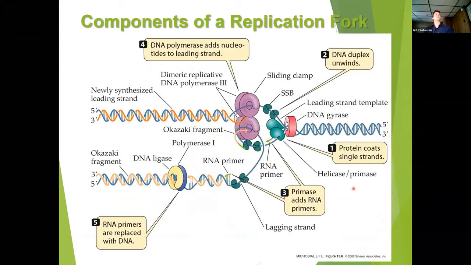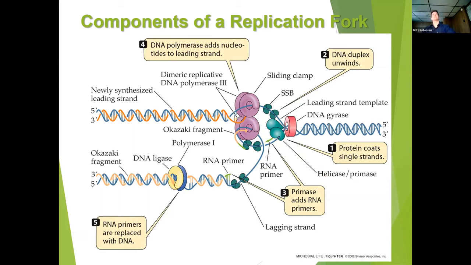So looking at the components of a replication fork, there's a bit of terminology that I'm going to have to run through with you. The first is helicase, which you can see over here. You can almost think of helicase as a zipper that's unzipping.